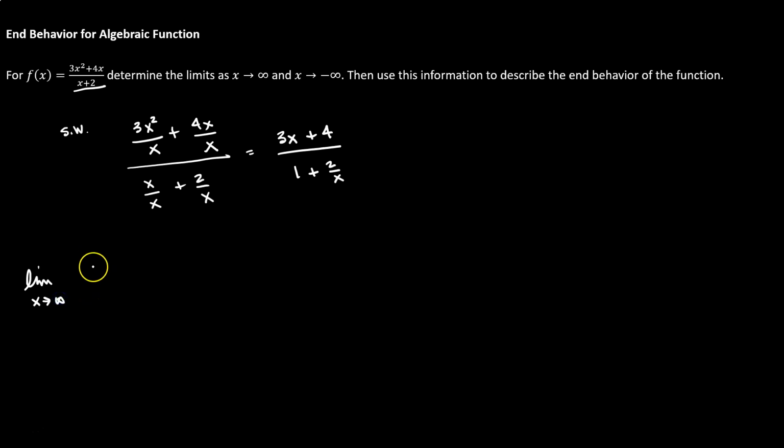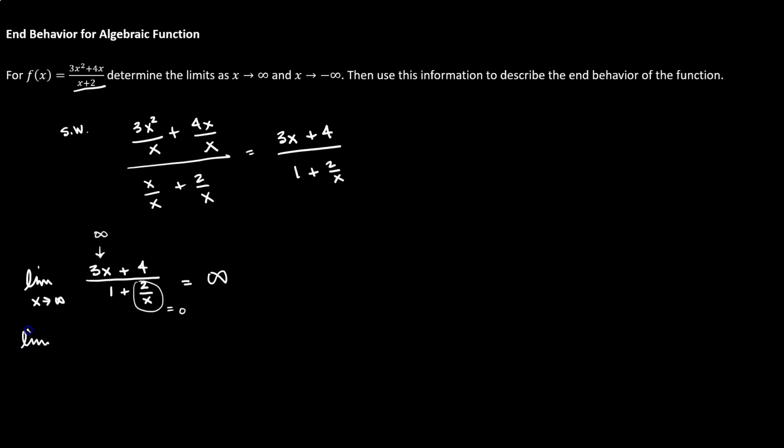As x goes to positive infinity, we can see that the term 2 over x goes to 0, but also notice that this 3 times x in the numerator, as x gets really, really large, gets so big that it takes over everything else. So this function is actually going to go off to positive infinity.